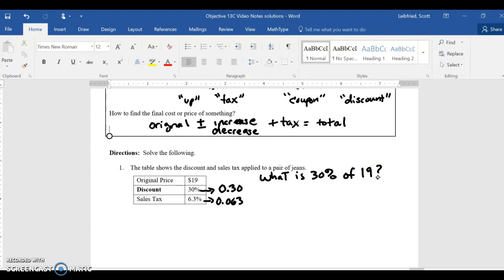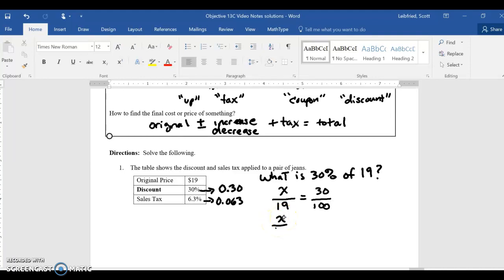So what we would do is we would set this up as is over of equals percent over 100. If we use the standard formula that we used the other day, we are looking for the is, what is, over the of 19, which equals the percent, 30 over 100.